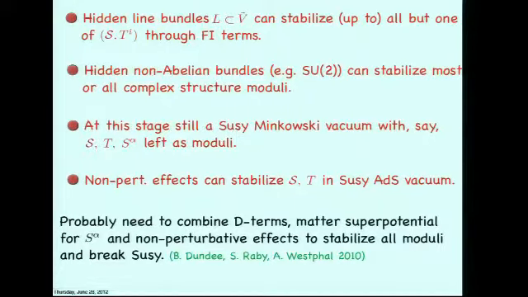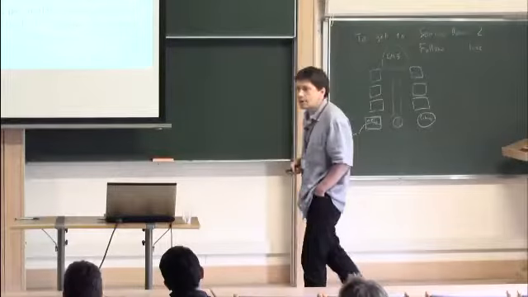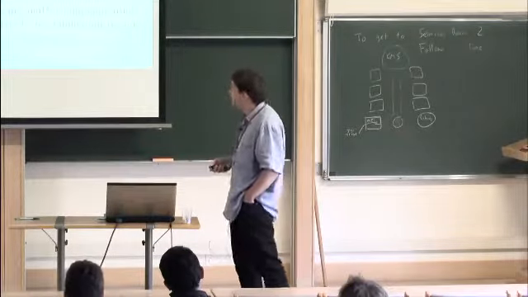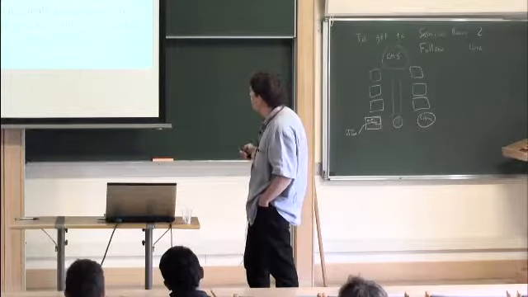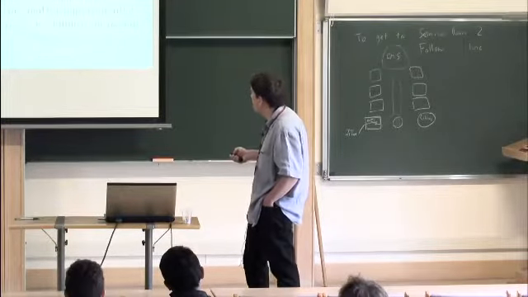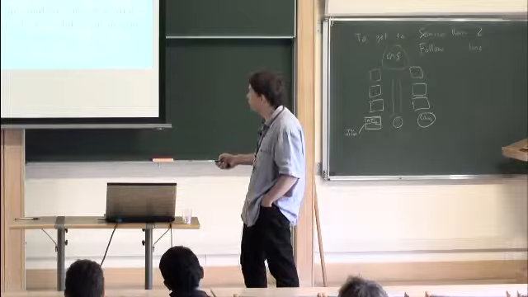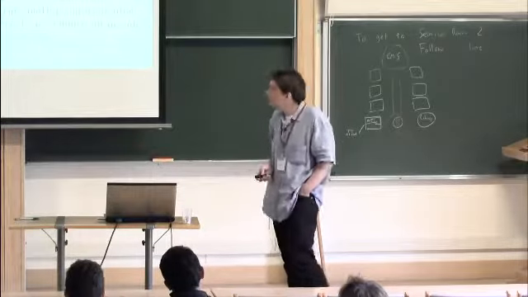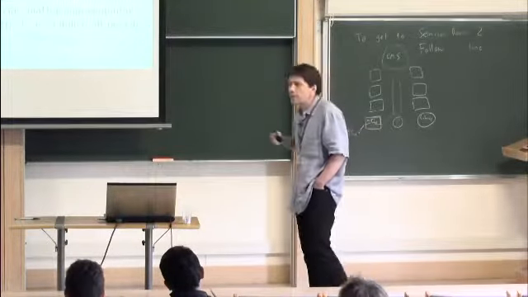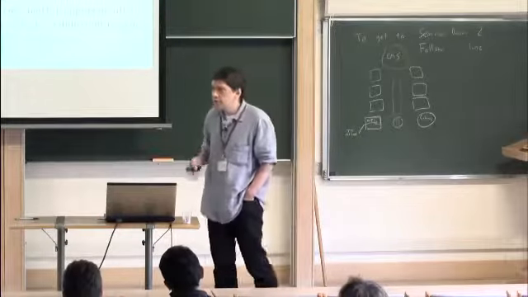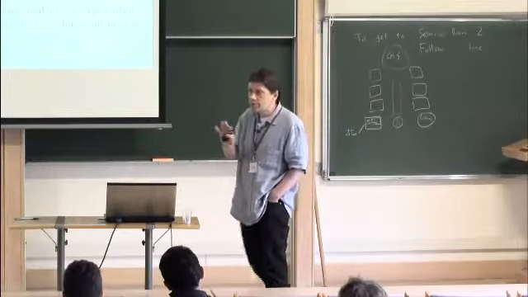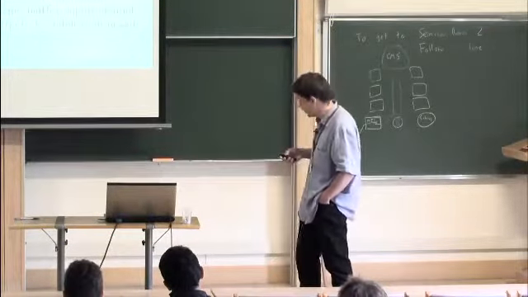We probably need to look at this more carefully and combine all these various effects, possibly in a way similar to what people have done in the heterotic orbifold models. And we hope that this way we can actually get a vacuum with all moduli stabilized and broken supersymmetry. So that would be the idea. We seem to have all the necessary generic ingredients that were successful in the orbifold case. So we hope that can be achieved.